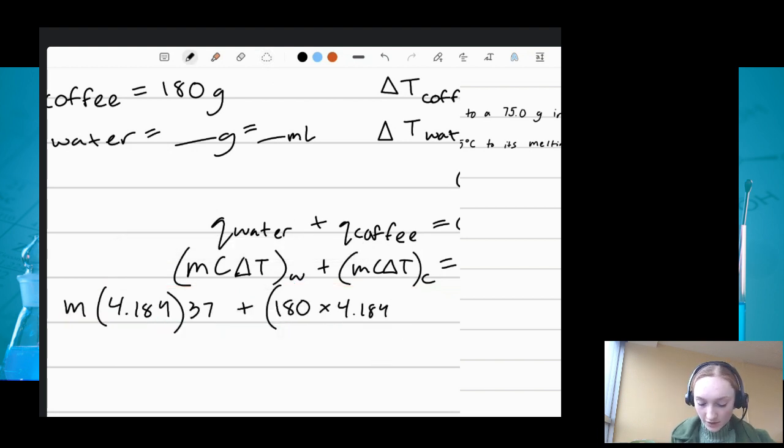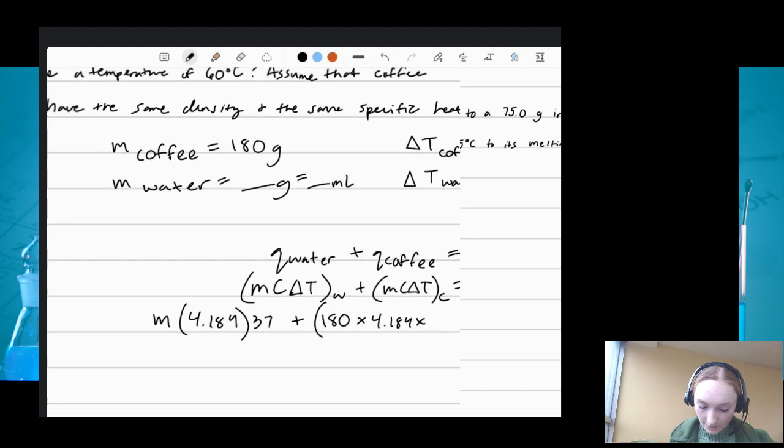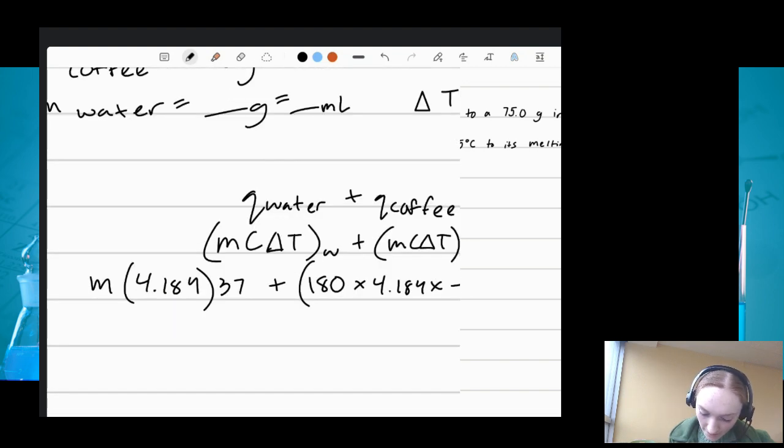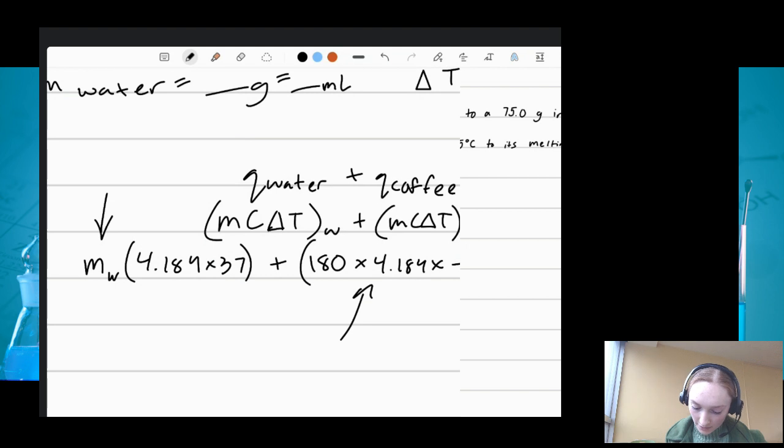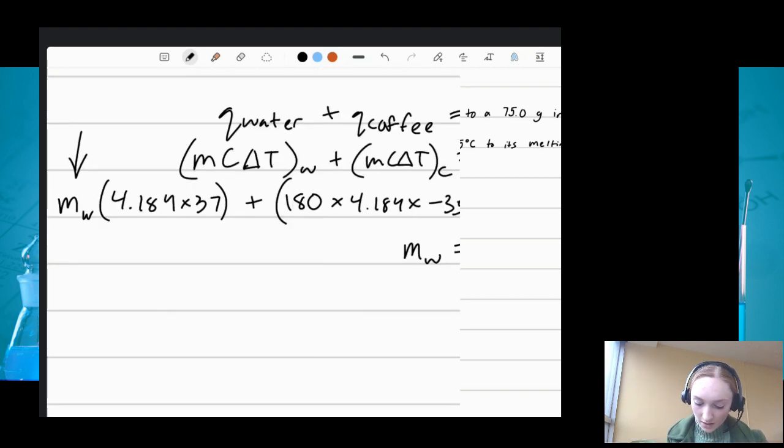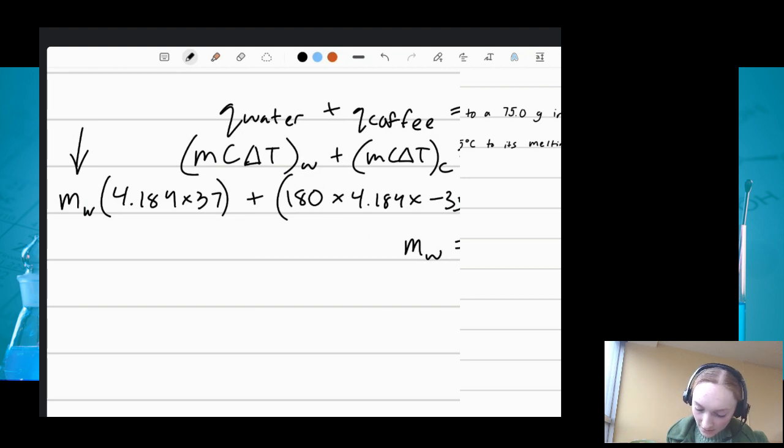And then times the delta T, which is the negative 35. And that'll all equal 0. Okay, and so since we're solving for the M of water, I'll write down that this is W, we can put everything to the right side. So if we subtracted this whole term, it'd be 180 times 4.184 times negative 35. And then this would need to be divided by this term to then have this equal to MW. So that'd be 4.184 times 37.